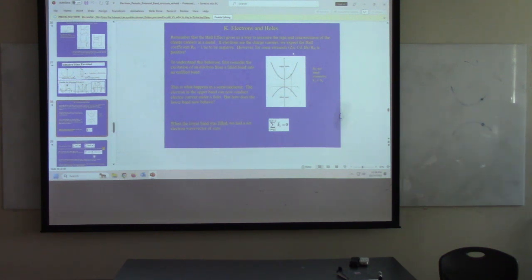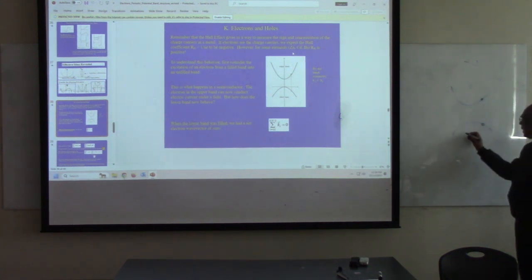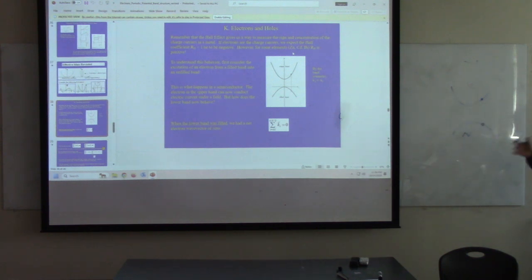If you want to address this theoretically, suppose the valence band has n number of electrons. Now if you do this, you have n minus one electrons, right? So you need to consider all these n minus one electrons in the valence band. That is not easy. So what they try to do is represent them by just one quantity that will represent all the n minus one states.